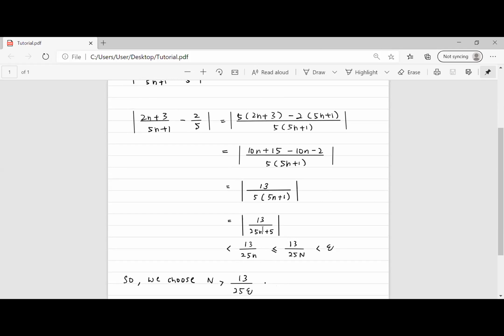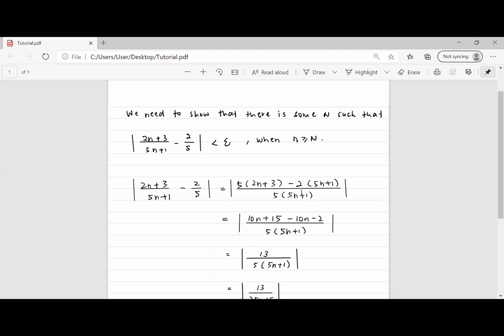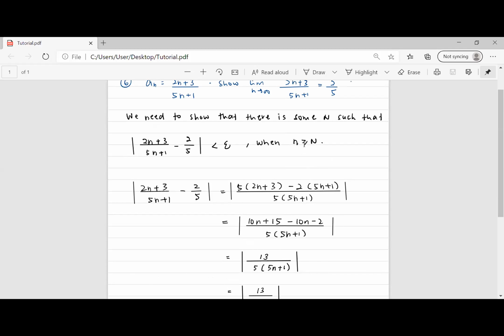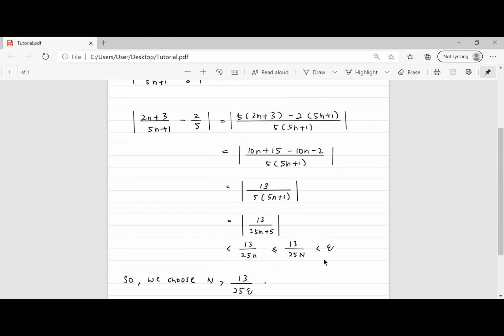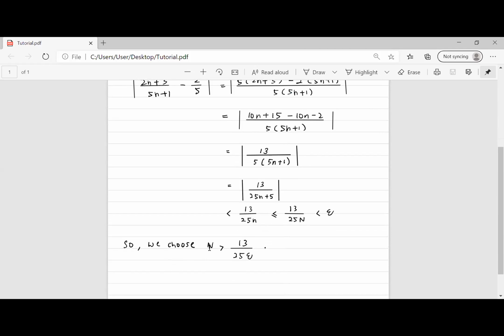When the denominator is bigger, this is less than this fraction. So it is less than 13 over 25n, and this is less than or equal to 13 over 25N, because n is greater than or equal to N. So this is less than epsilon. Then we choose N to be more than 13 over 25 epsilon.